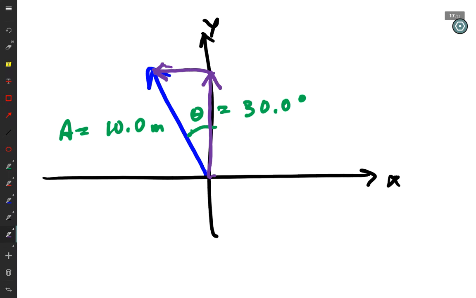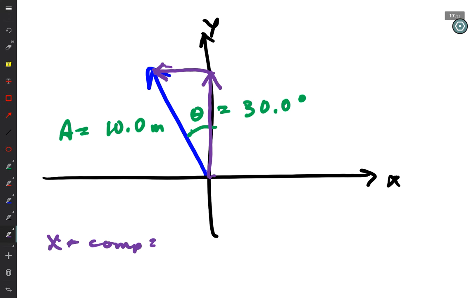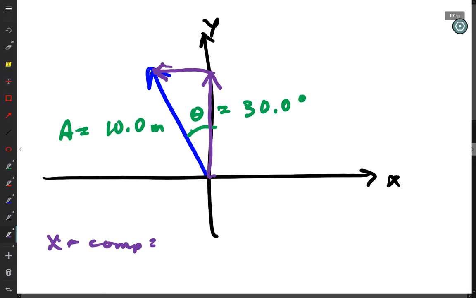Now I look at this, and for my x component, for that triangle, is the x component the opposite or adjacent side? It's the opposite side because it's opposite to that angle. It's not making up my 30-degree angle.